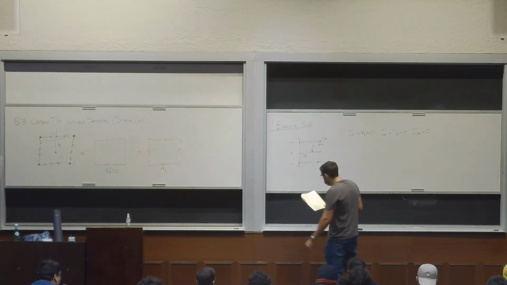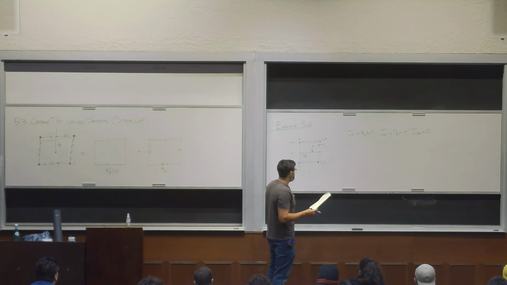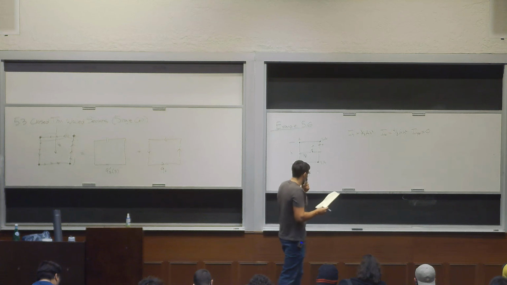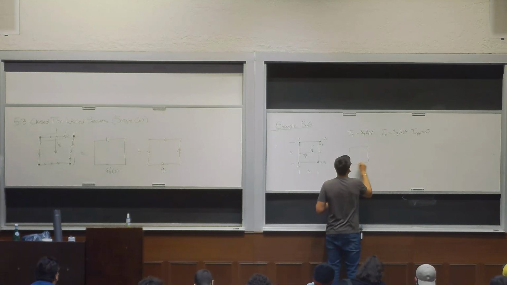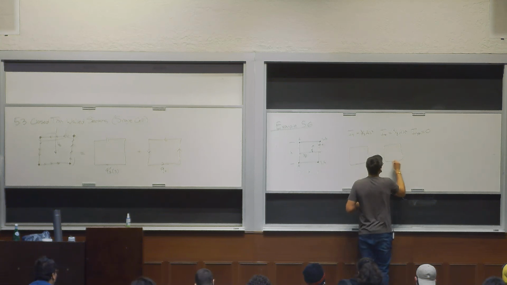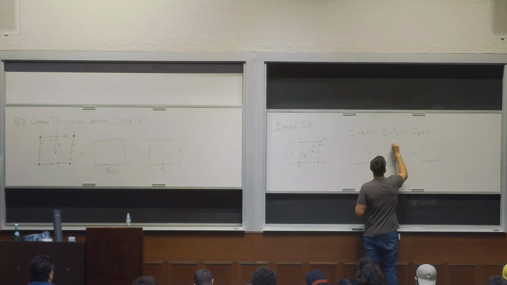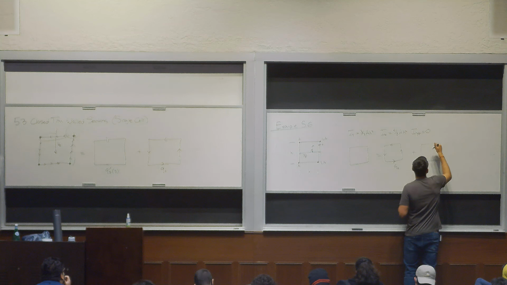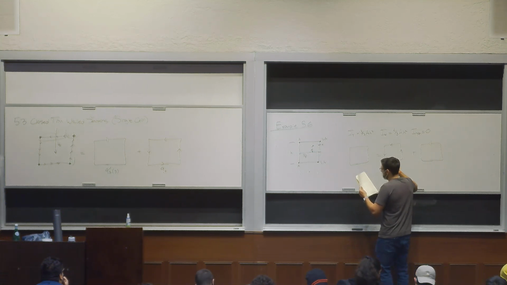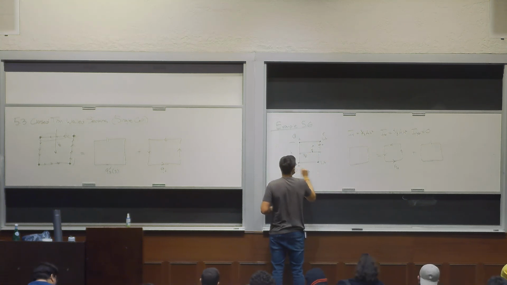So step 2, we start by assuming a cut at some location. I'm just going to draw this again. We're going to call this spar 1, 2, 3, and 4.